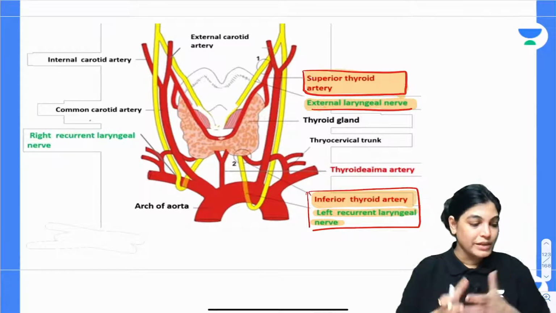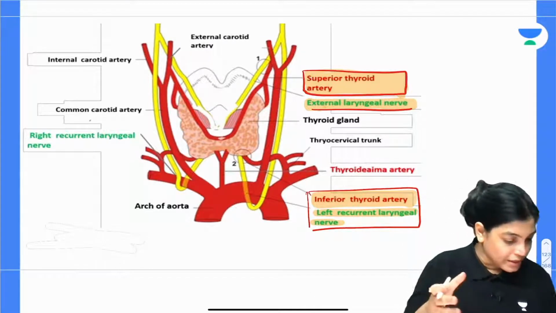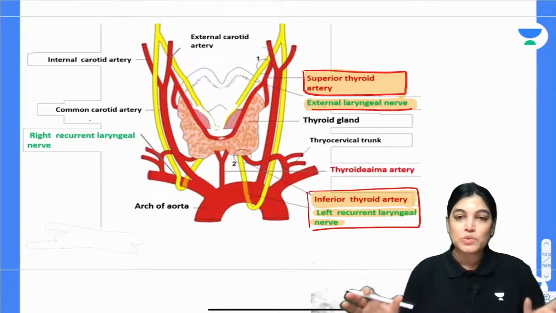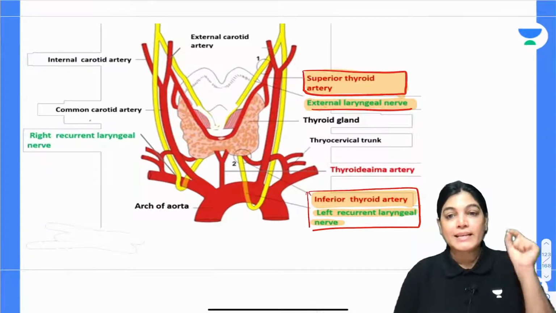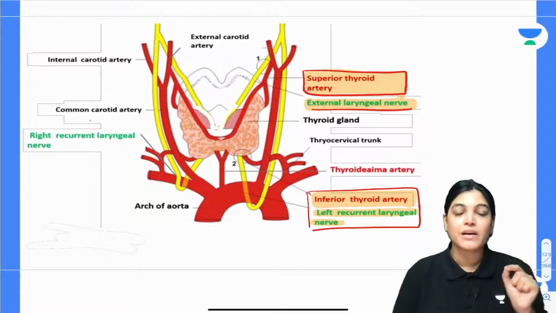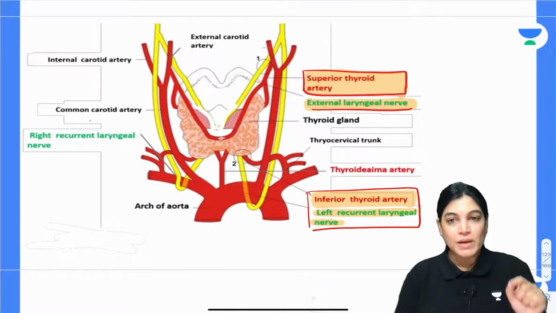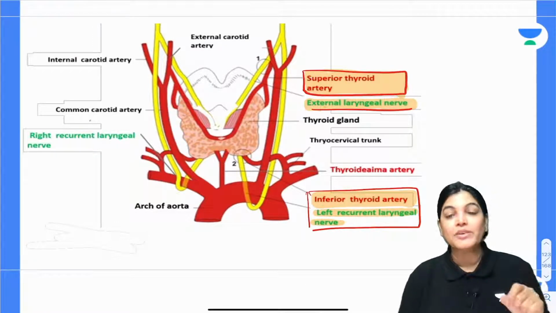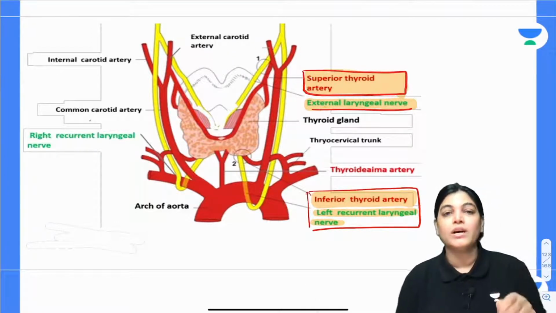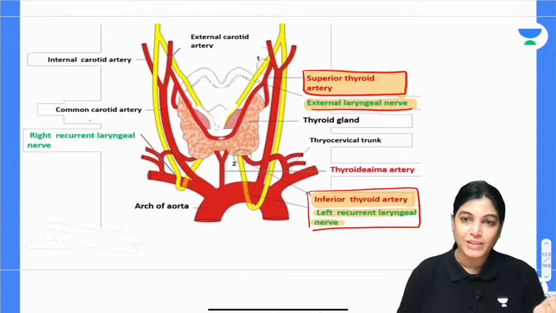So two correlations can be appreciated. Everyone, Shweta, Ishrat, Rashul and Shweta, you can see the superior thyroid artery is traversing with the external laryngeal nerve, giving blood supply to the superior aspect of the thyroid, and in the lower aspect the inferior thyroid artery runs along with the recurrent laryngeal nerve, giving blood supply to the inferior aspect of the thyroid gland.